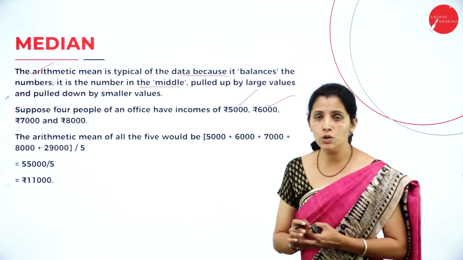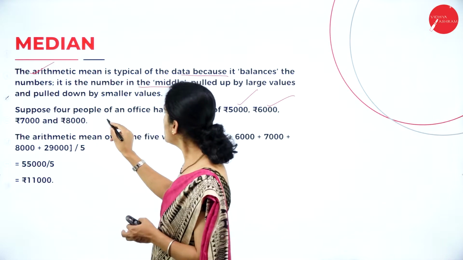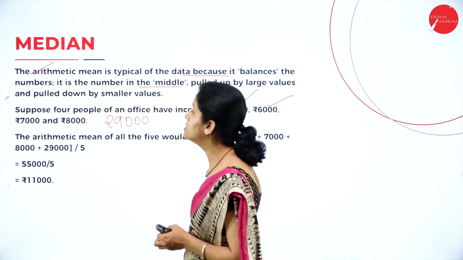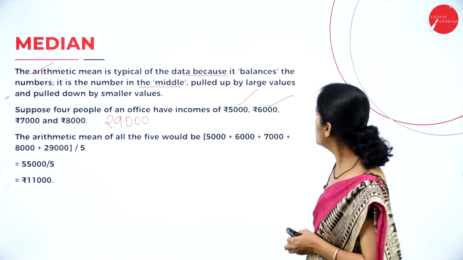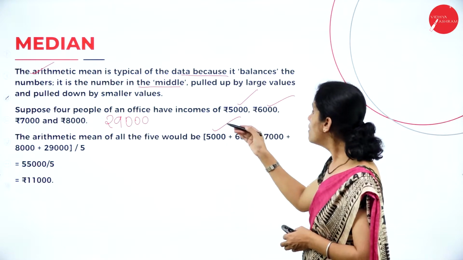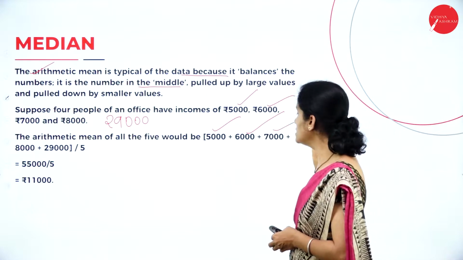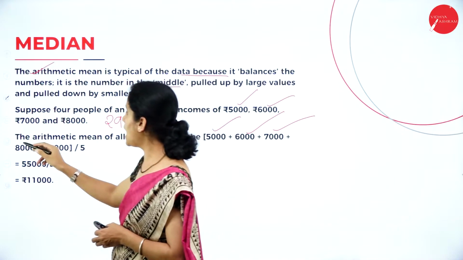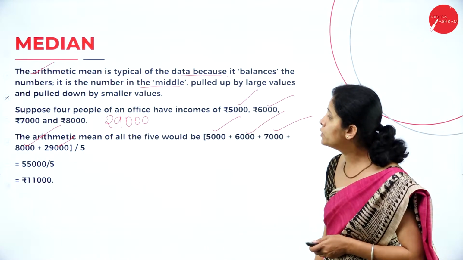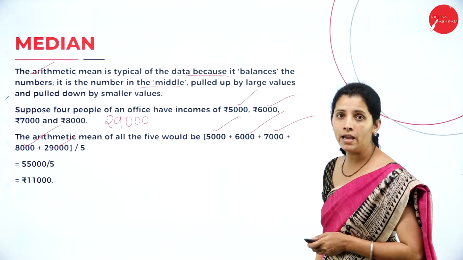Now, I'm going to add one more employee salary. Say it is 29,000. Now I'm going to add all the values, that is 5,000, 6,000, 7,000, 8,000 and 29,000, and divide that number by 5.